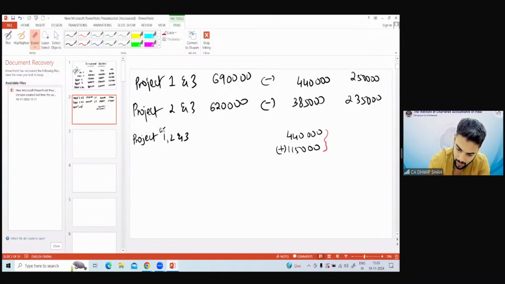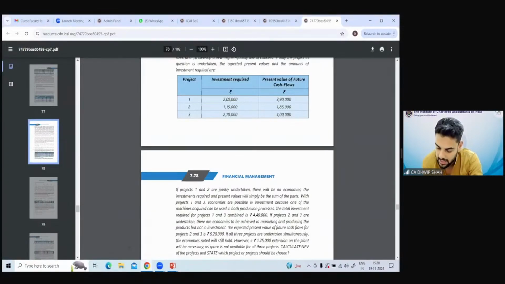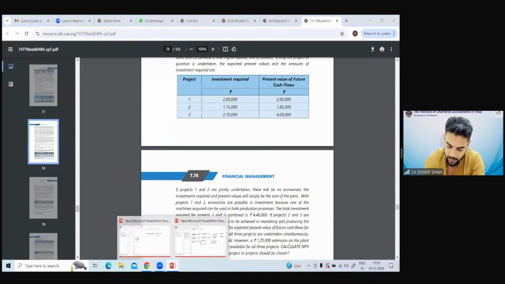Now see, again, when projects 1, 2 and 3 are taken together, there will be economies in PVCI as well. Why? Because project 2 and 3 generates combined PVCI of 620. Are you getting this?